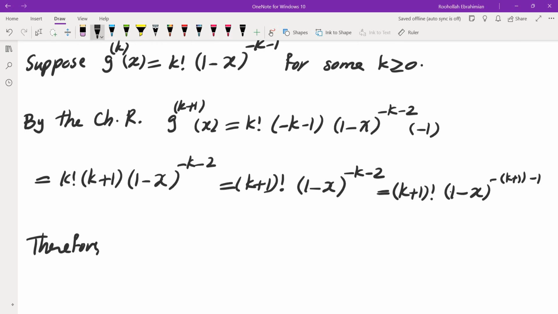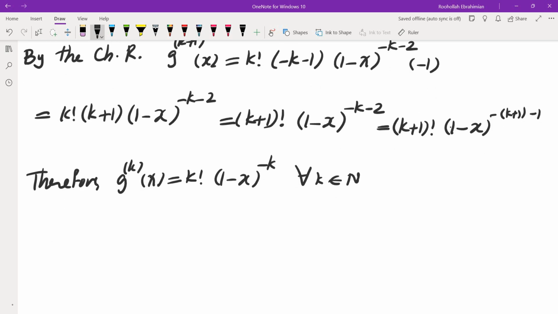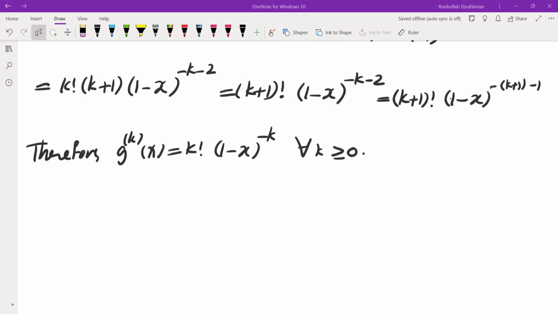Therefore, g k of x is in fact k factorial (1 minus x) to the power of -k minus 1 for every integer k greater than or equal to 0. So this tells us that if we look at the nth Taylor polynomial, we get the sum k equals 0 to n.